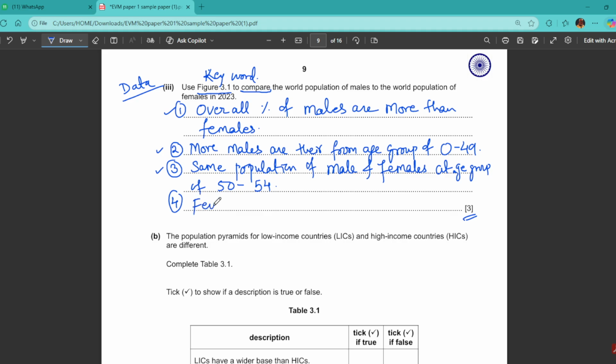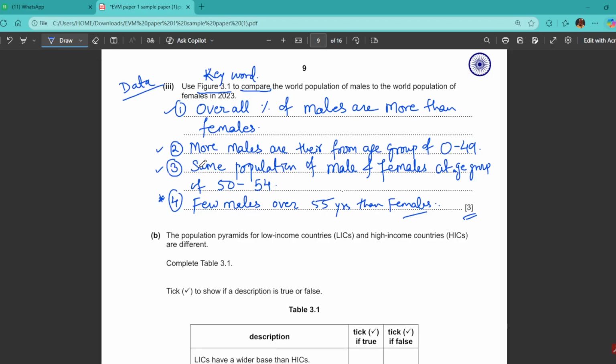So you can write here, few males over 55 years than female. Fine. So that makes you the complete point. But please remember, this is an extra point here. They will check with the first overall point and two valid important points to support your answer with the comparative base, right? So we have compared the male and female population.